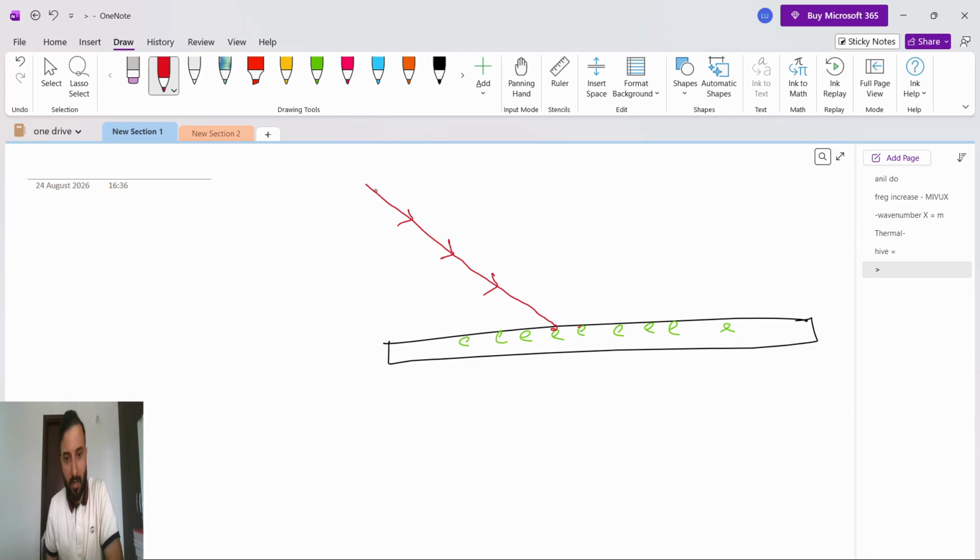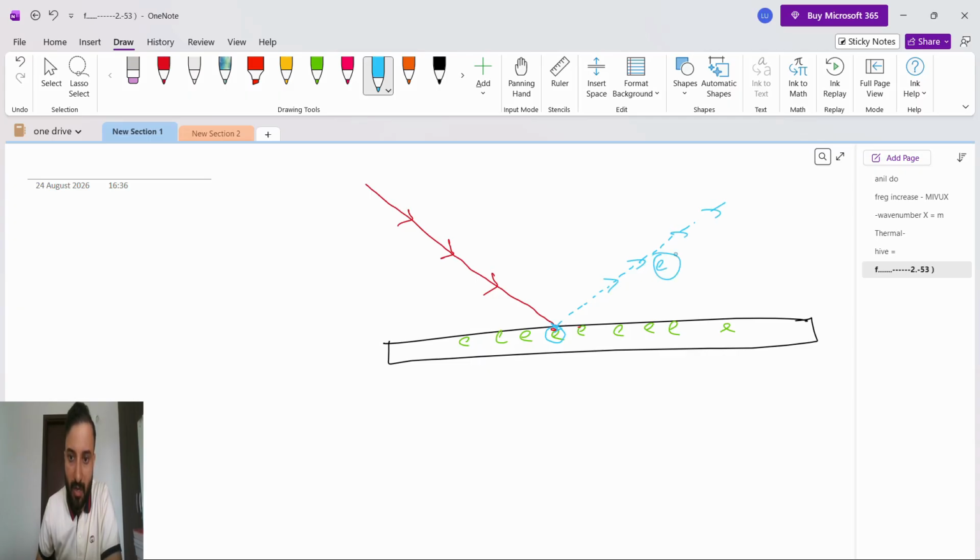The ray of light will come and hit the electron, it will collide with the electron, and the electron will start ejecting from the surface.